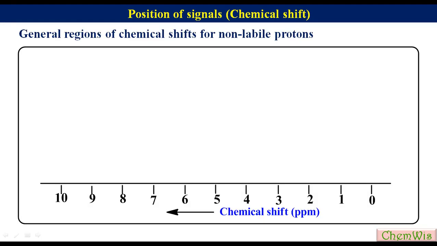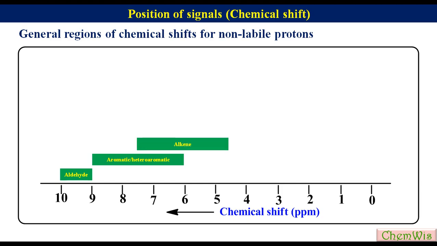General regions of chemical shifts for non-labile protons. Aldehyde protons appear between 9 to 10 ppm. Aromatic or heteroaromatic protons between 6 to 9 ppm.